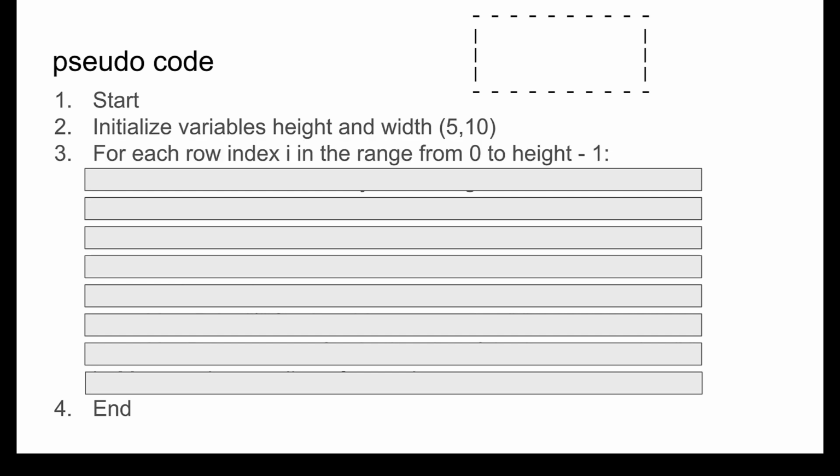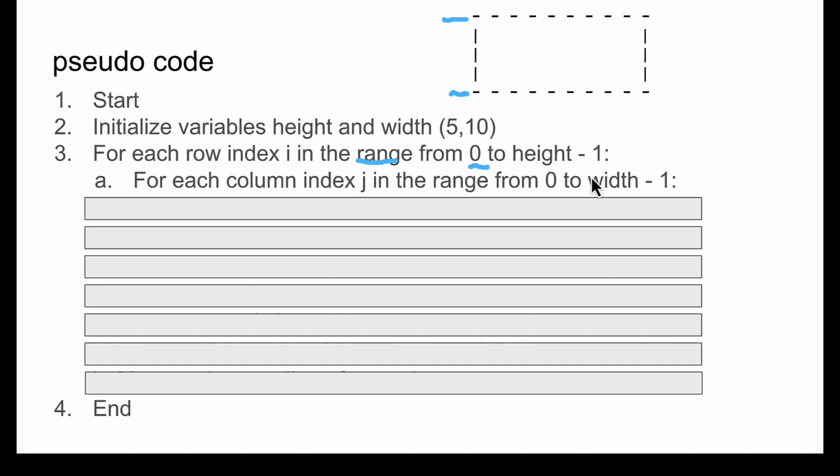So the first thing we're going to do is, for each row, we're going to have a range of 0 to height minus 1, because we're going to be utilizing the range function. So we start out with 0 and also the height minus 1, so the top and bottom is what is being acknowledged here.